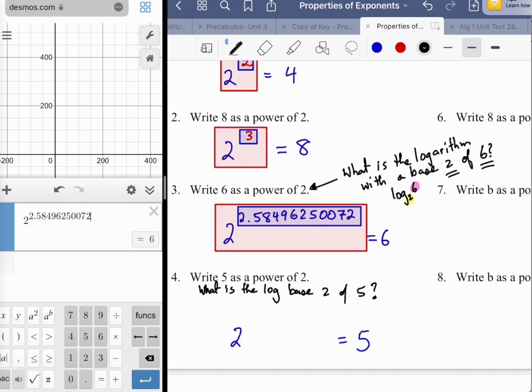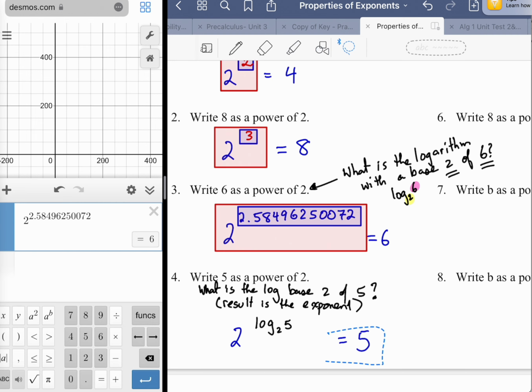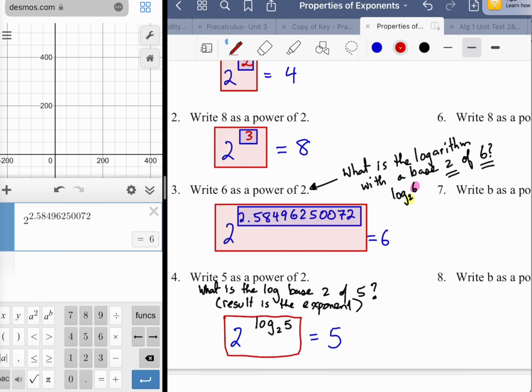Now, that result is going to be my exponent. So log base 2 of 5 is actually the answer. When they say write 5 as a power of 2, 2 raised to the log base 2 of 5 is actually the final answer. You could put it in decimal form if you want, or at least the exponent, but that's all you'd have to do.